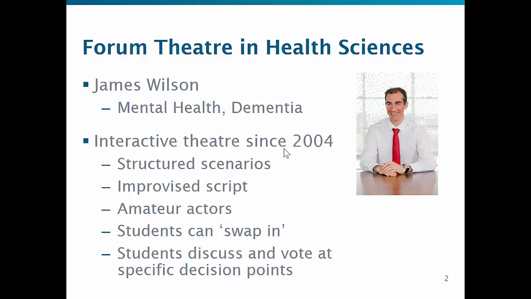And he does this through structured scenarios, and he gets together with staff and students to improvise a script so they know roughly where this play is going, and then they run it in the classroom, and students can stop the action at any time, suggest alternative courses of action, possibly even swap in and take over some of the roles for a bit.